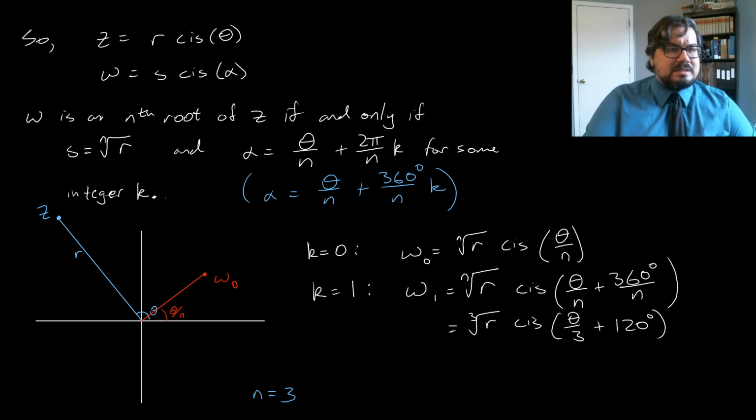So let's see, what does that do? Now the angle corresponding to our second is going to be what we get by taking this angle W0 and adding 120 degrees to it. And I'm just going to estimate approximately where that is. Make that 120 degrees. Now, it's going to have the same distance, but it's going to go off like this, and there's our W1.